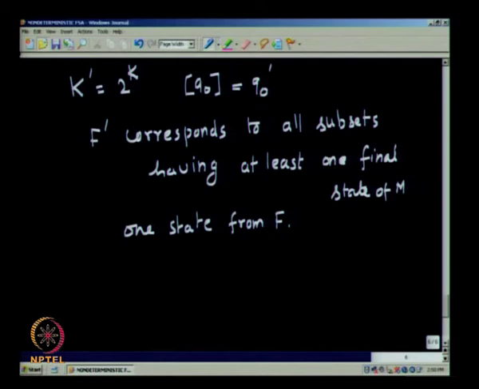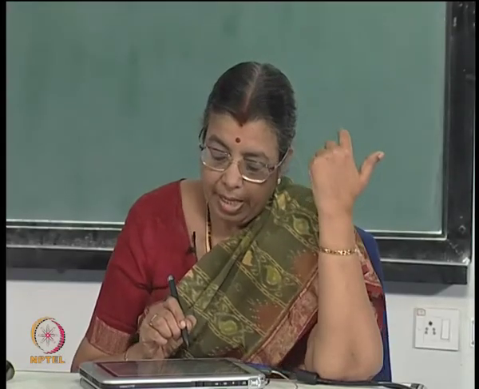Now, a subset of states is usually denoted by Q1, Q2, Qk, where each one of them belongs to K. This subset corresponds to a single state in the deterministic machine. In the non-deterministic machine, this corresponds to a subset of states.